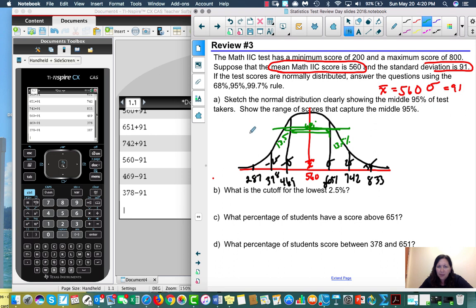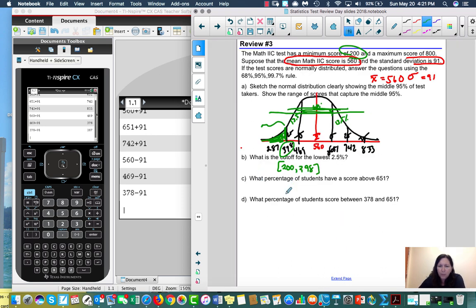And then from here to here is my 99.7% of my data. So the lowest 2.5% is this information right here. That would be the lowest 2.5% if my minimum score is 200. So it would have to be between 200 and this value here, which is 398.